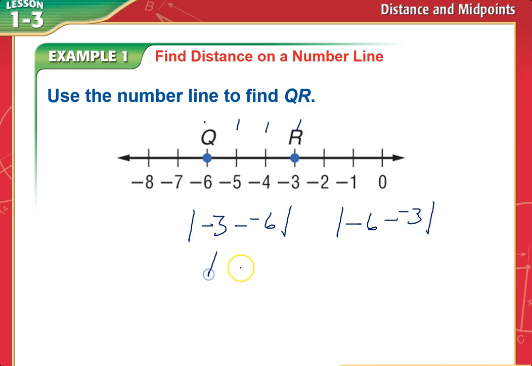In either case, we're going to get a +3 absolute value here. Here we're going to get the absolute value of a -3, but either way, it's just the answer of 3. Or, since we could have just counted, we could have said 1, 2, 3.